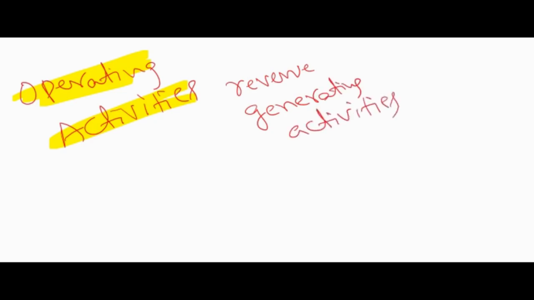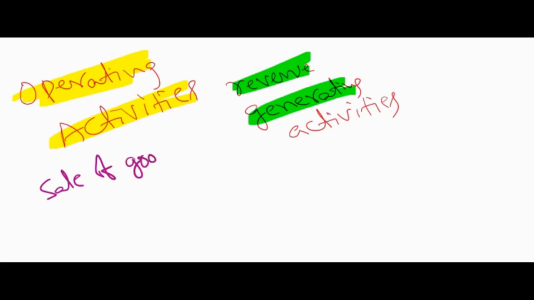Now you can easily understand in your business what the activities are that are generating revenue, right? Let's say for example, sale of goods and services. This generates revenue because you are selling the goods that you have manufactured, so you are getting money.